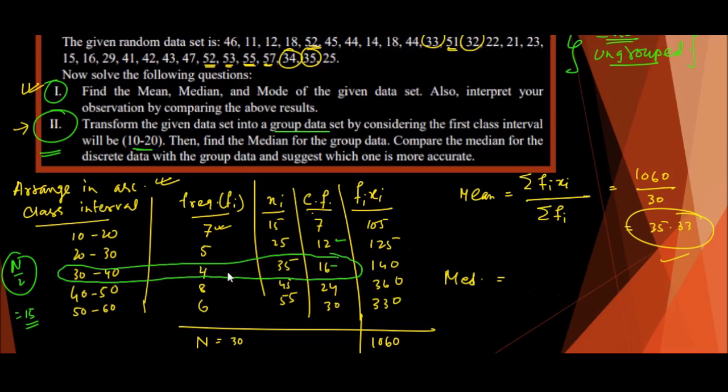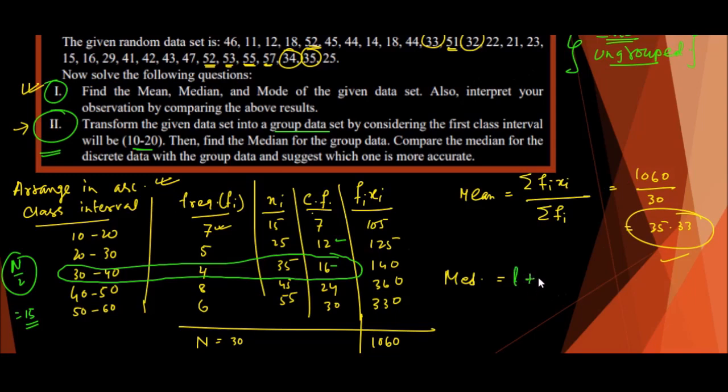All right, now we are going to find the median value. So how do we find the median value? For that you can go through the first question where we have given the formula as well. So by using that formula you can easily calculate the median. So what is the formula?